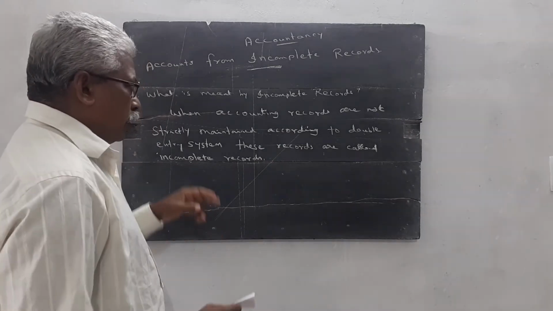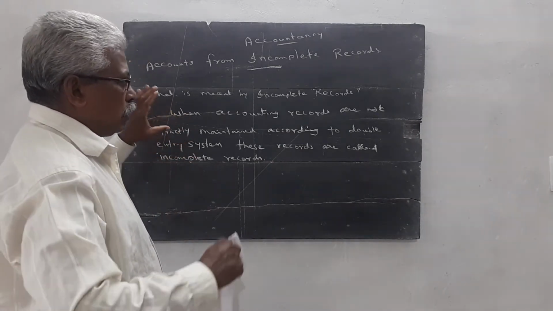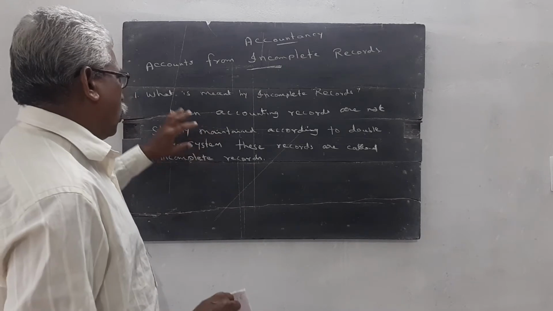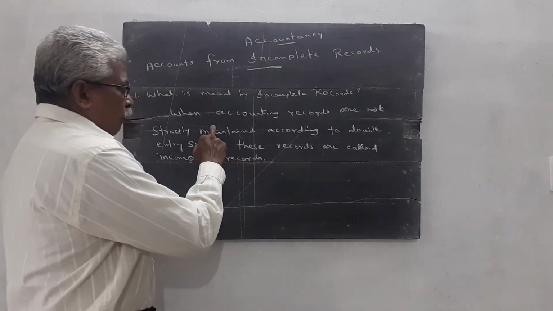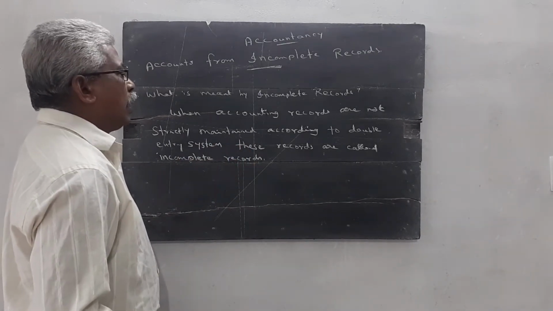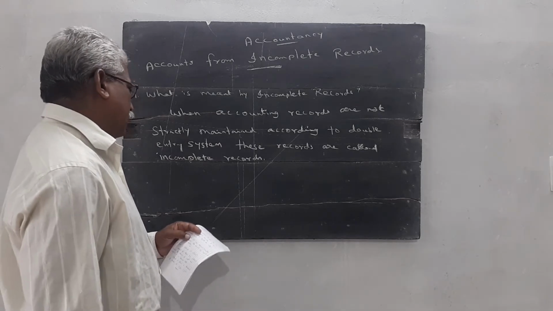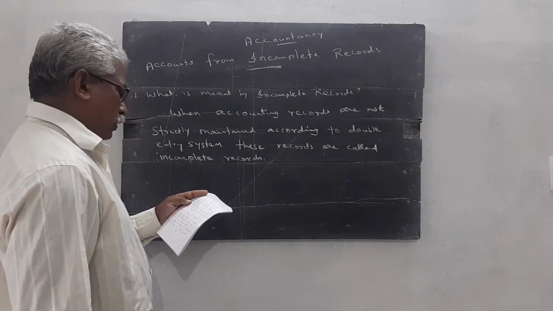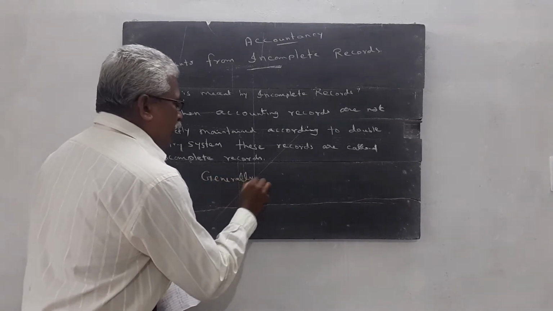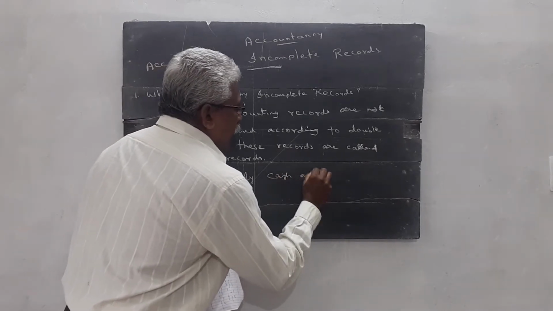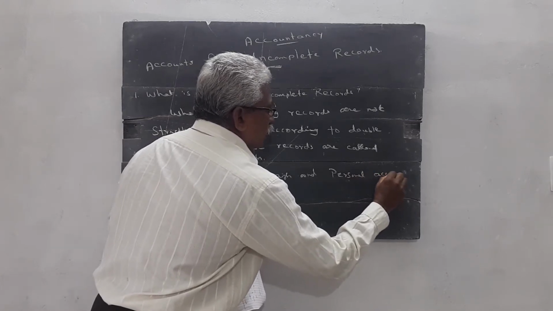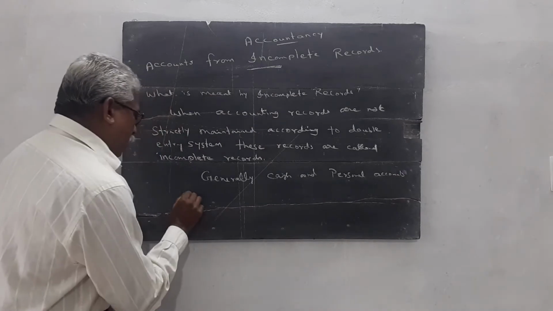In the examination, this question is expected as a 2-mark question. What is meant by incomplete records? When accounting records are not strictly maintained according to double entry system, these records are called incomplete records. Generally, you write one more sentence: generally, cash and personal accounts are maintained.